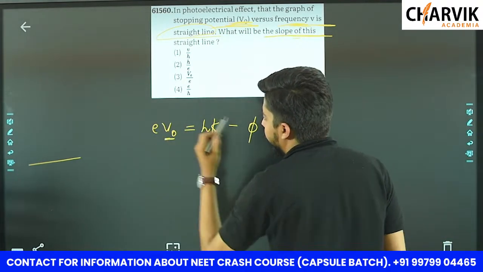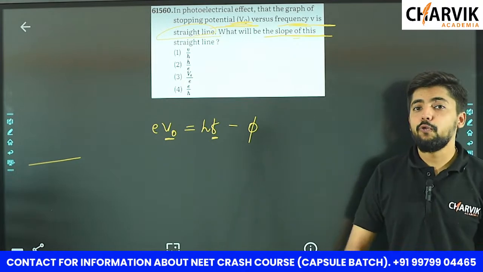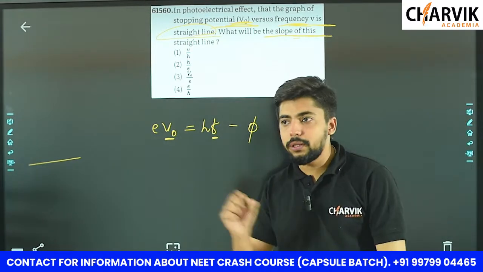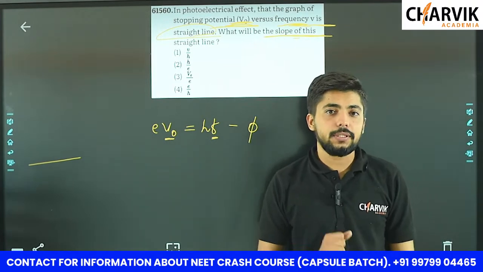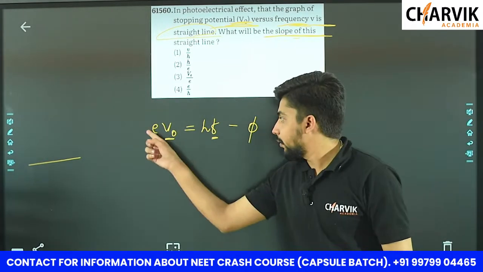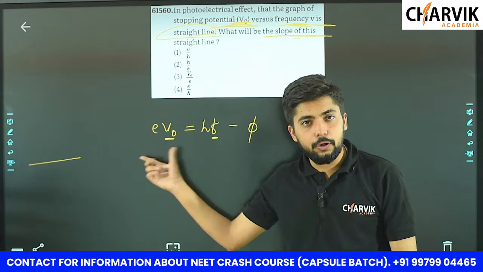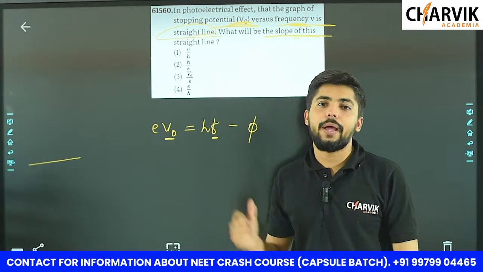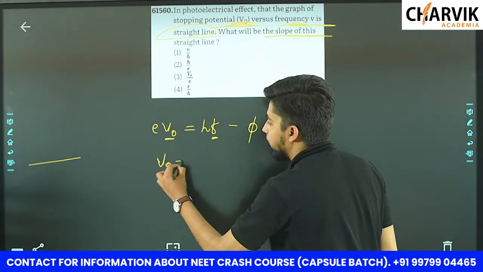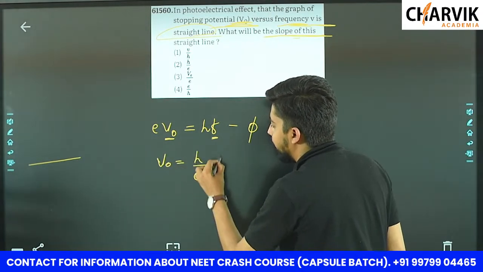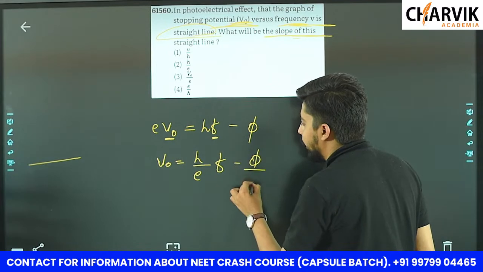If you want to equate this equation with the equation of a straight line, which is y equals mx plus c, you need to get V naught out from here. So let us divide this equation by e, and it becomes V naught equals h divided by e into f minus phi divided by e.